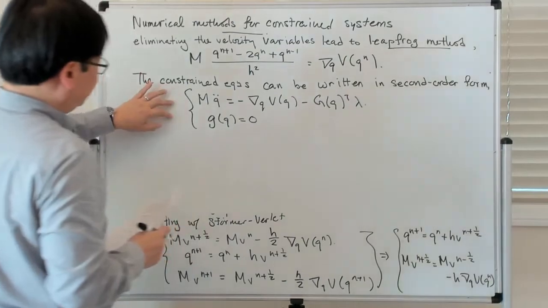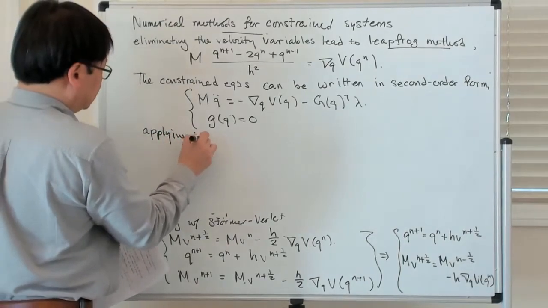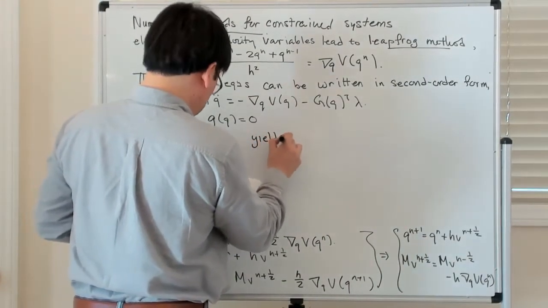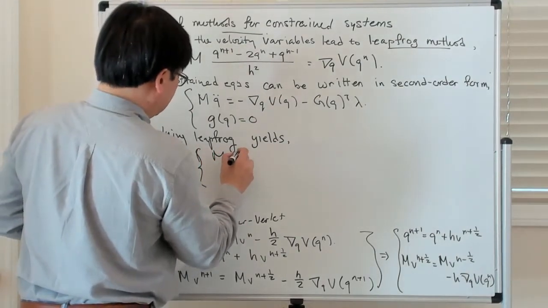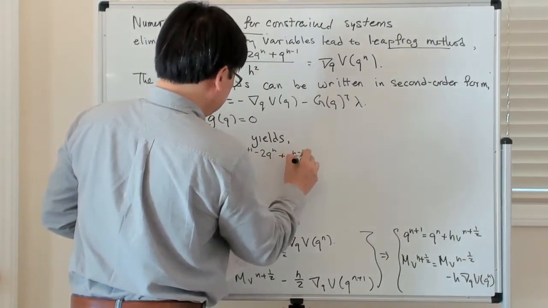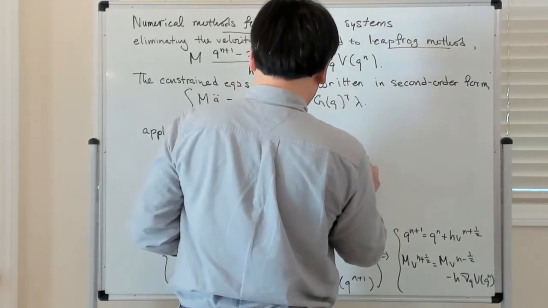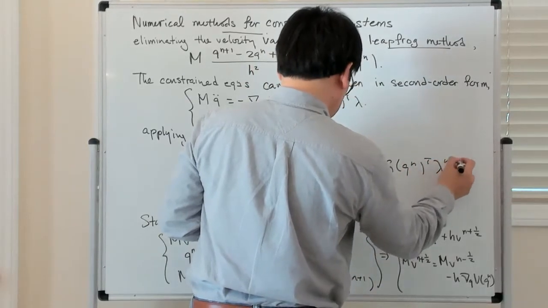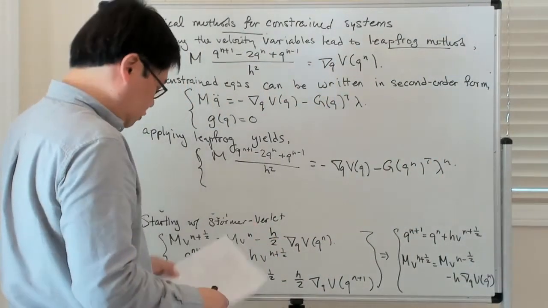So you can apply the leapfrog method to this. Applying leapfrog yields the following: m times (q^{n+1} minus 2 q^n plus q^{n-1}) over h squared is equal to minus the gradient of the potential minus g(q^n) transpose lambda^n. Again, the superscripts here now denote the time step as opposed to an exponent.